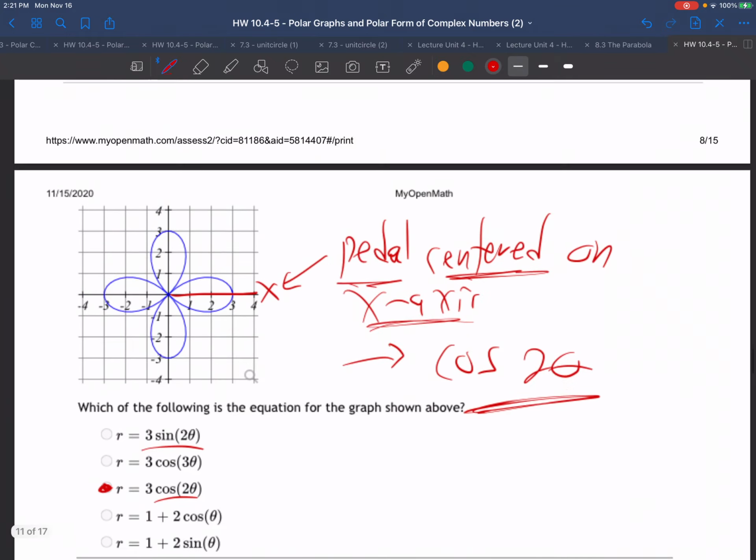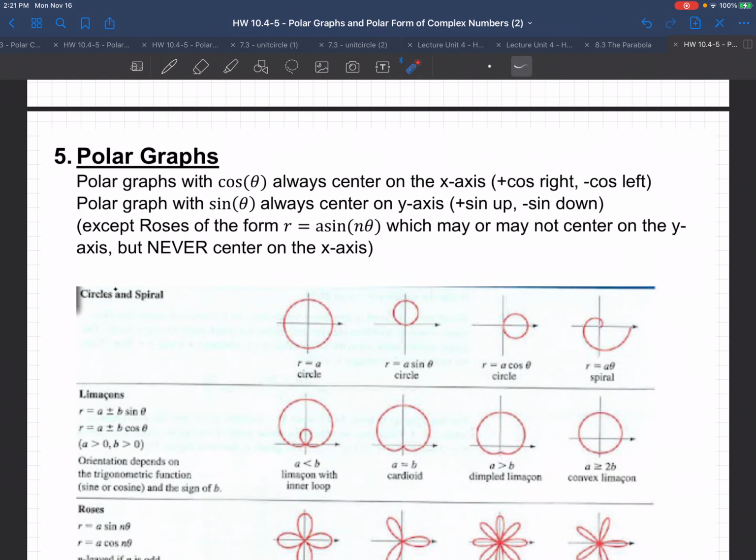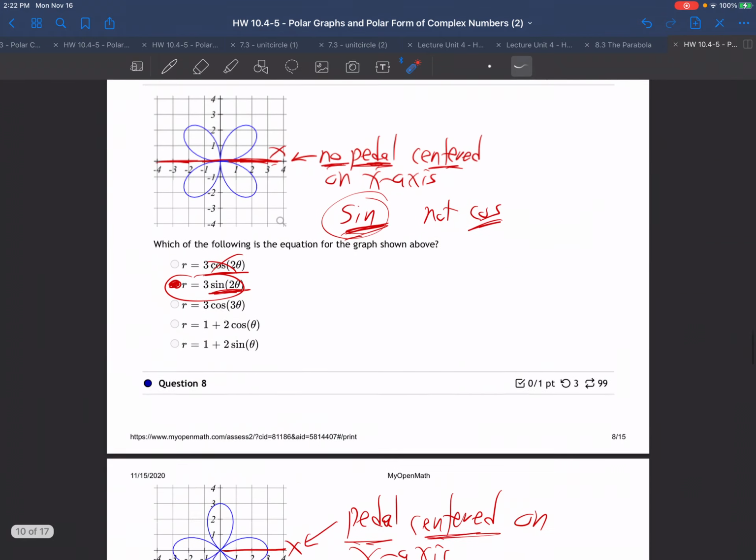I put that in the notes, at the top: cosine is always centered on the x-axis. Sine is always on the y. There's one exception: roses with sine may or may not be centered on the y, but they're never on the x. So basically, cosine is always centered on the x. Sine is usually centered on the y. For sure, it's never centered on the x at the least. So that's how you tell the difference.